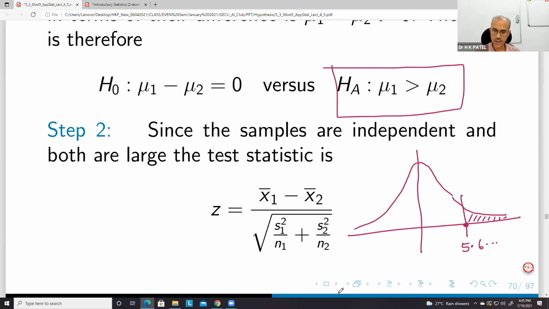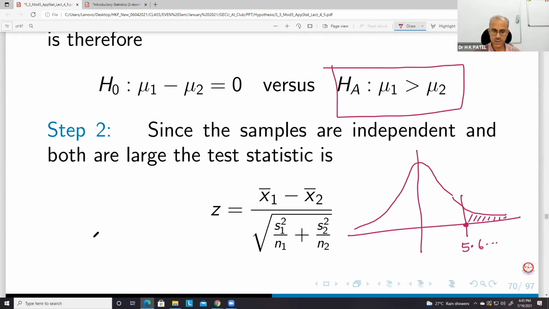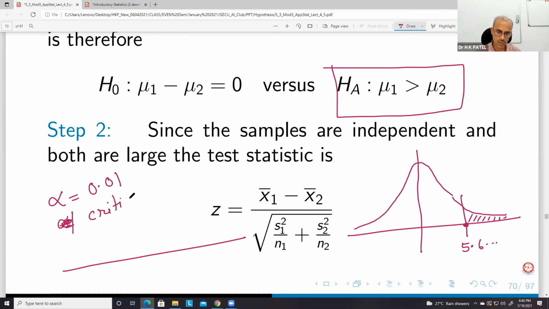Now for this we have alpha equal to 0.01. Alpha is one-sided, again it is one-sided, and therefore the critical value will be equal to Z alpha.